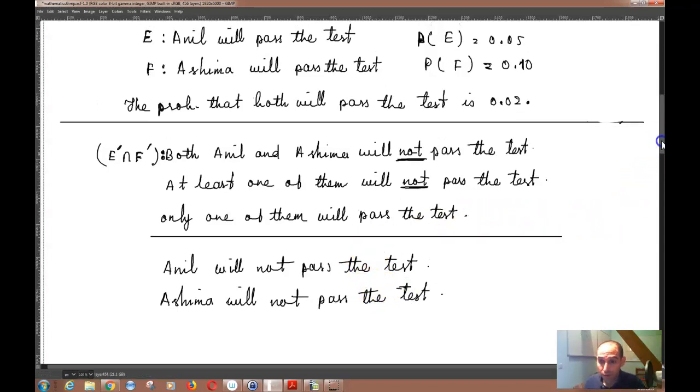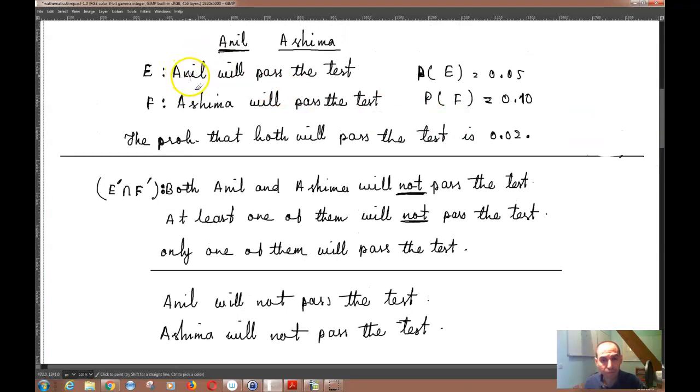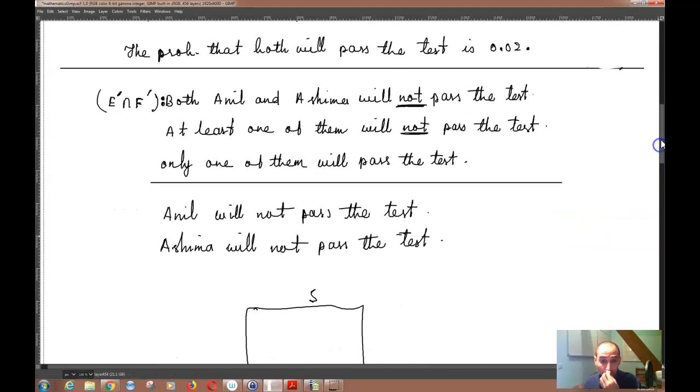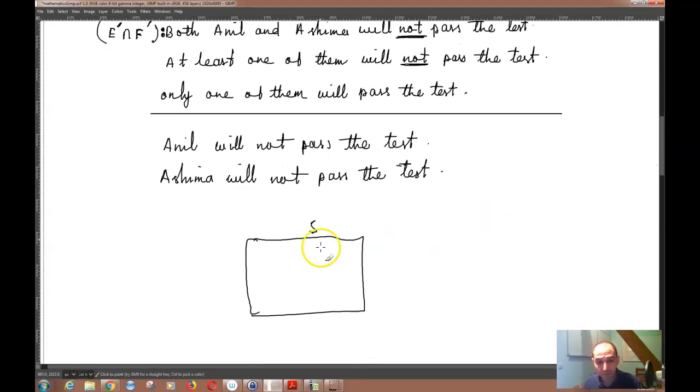But over here, Anil will pass the test is event E, and Ashima will pass the test is event F. Now, if this is event E and this is event F, you can imagine that in your sample space, let's suppose this is the sample space related to this experiment, the sample space has not been given here and there is no way to assume anything because you simply don't know, right?